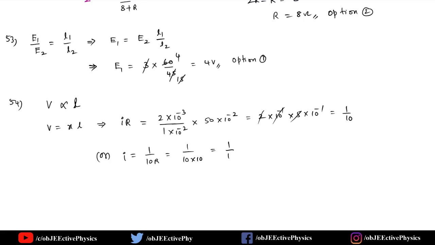So that is equal to 1 divided by 100. If it is multiplied with 10 by 10, then 10 divided by 1000, or 10 milliampere. 10 milliampere, that is option 3. Option 3 is the right option.